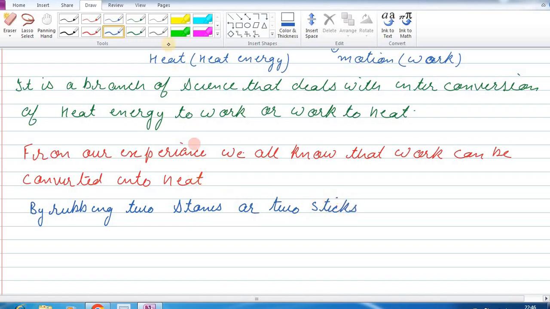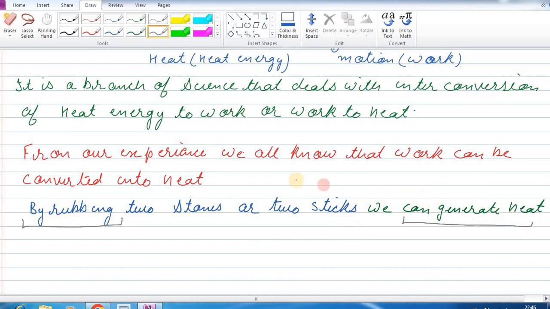Rubbing is nothing but work. We can generate heat or we can create fire. So rubbing is just work, and this work is getting converted into heat.